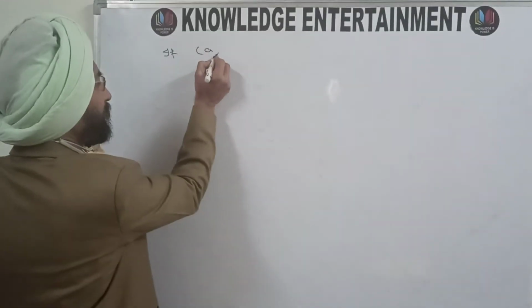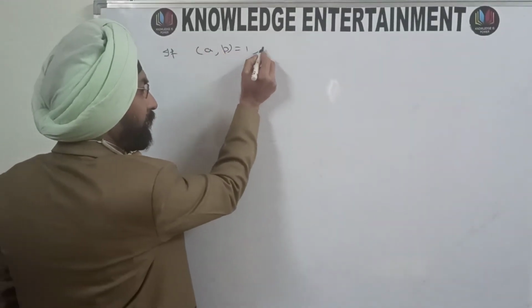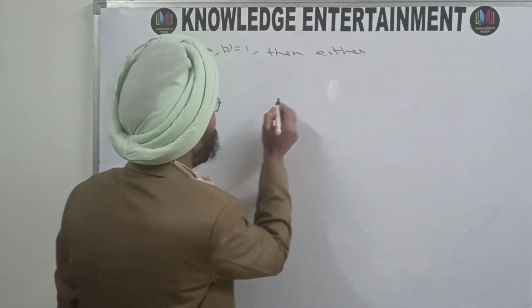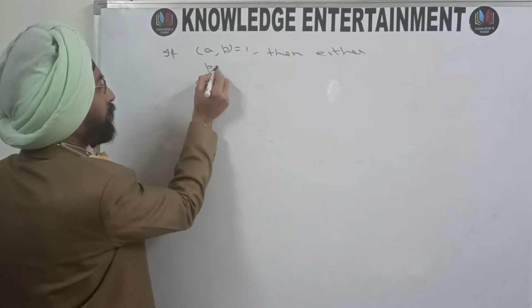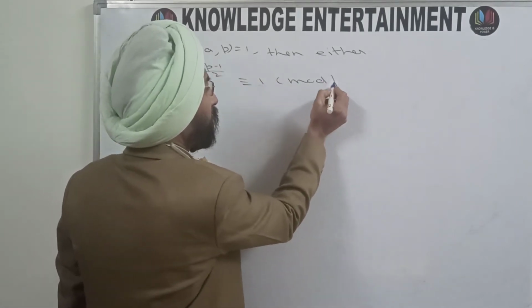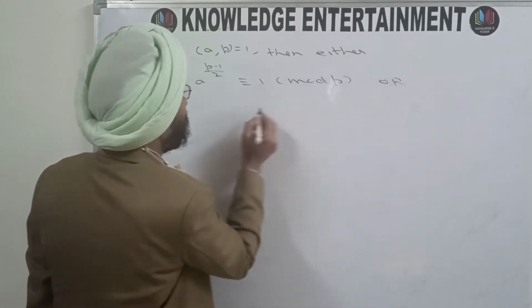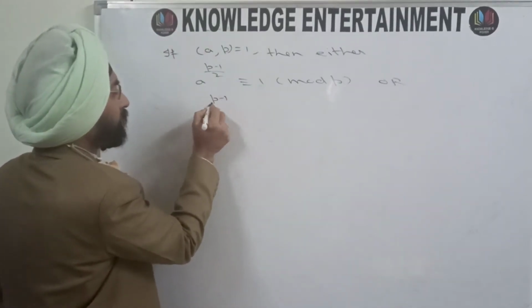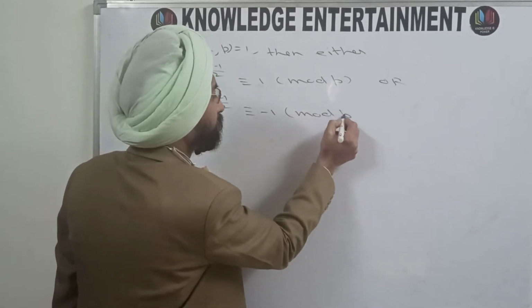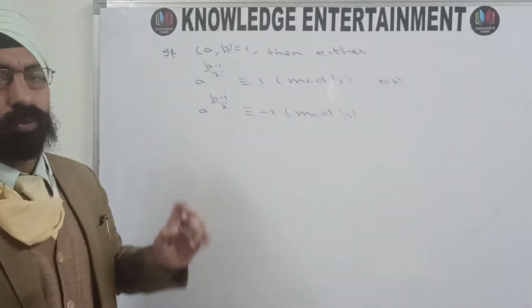If GCD of a and p is 1, then either a raised to the power (p minus 1) by 2 is congruent to 1 modulo p, or a raised to the power (p minus 1) by 2 is congruent to minus 1 modulo p. Either this is true or this is true.